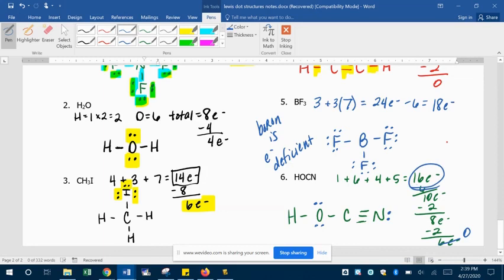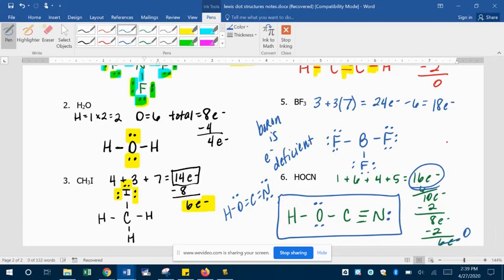Once again, it doesn't matter if you would have drawn it with a double bond and a double bond, because you would have put a lone pair and 2 lone pairs here, and you would have used the same number of electrons and everything has an octet. That is okay, but this is actually a better answer due to something called formal charge, which we're not really going to worry about. But the one I circled in blue is the correct answer. So best of luck giving Lewis structures a try on your own. Thank you.